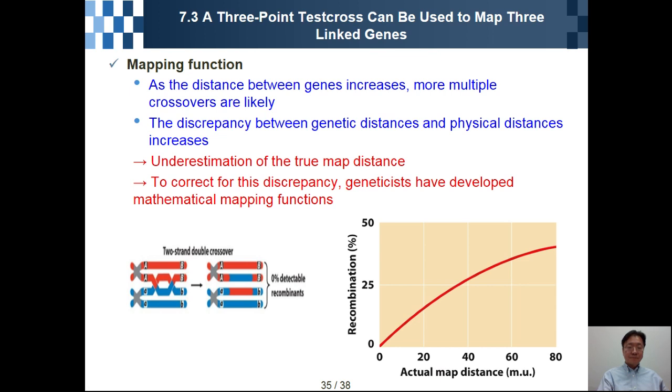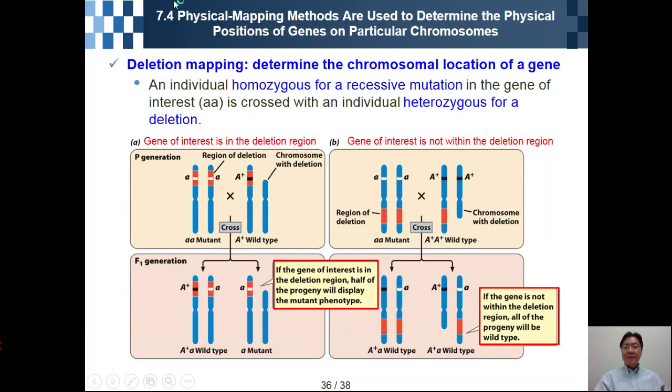Okay. In this slide, I will explain deletion mapping. Deletion mapping can determine the chromosomal location of a gene. There are two cases. One case is our gene of interest, small a plus, is located in the deletion region.